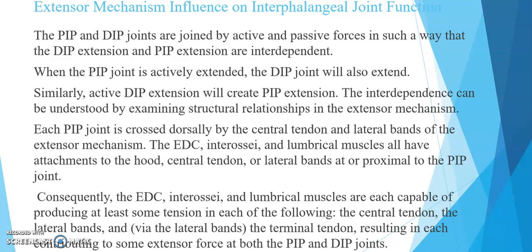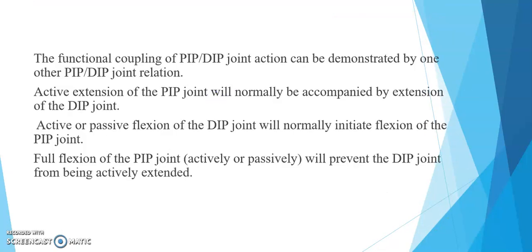Because of this interdependent presence, whenever these muscles contract, PIP extension happens, and because of that, passive and active extension of the distal interphalangeal joints also happens. So simply, students, this completes the extensor expansion. Now we will go to the next topic, the intrinsic muscles of the hand.